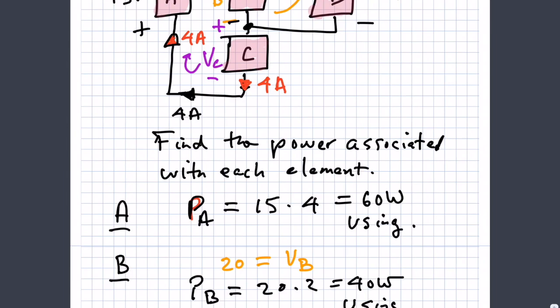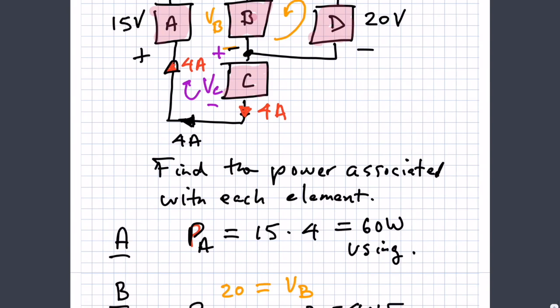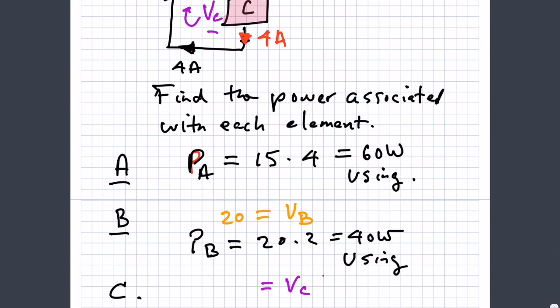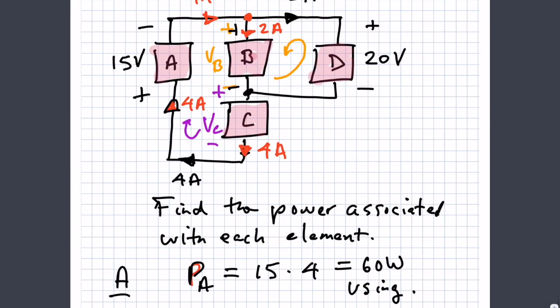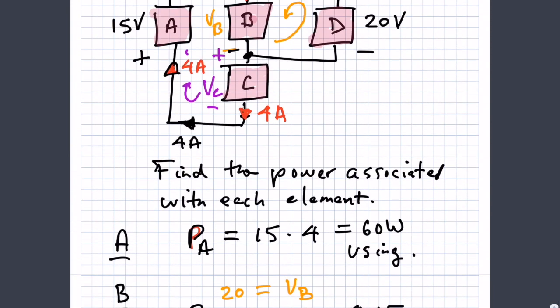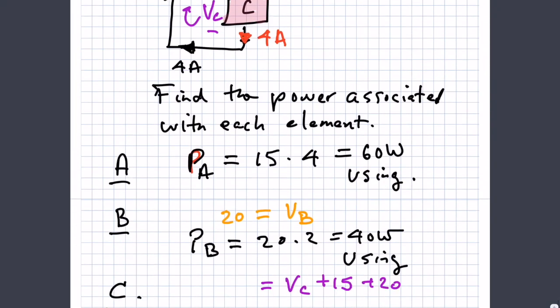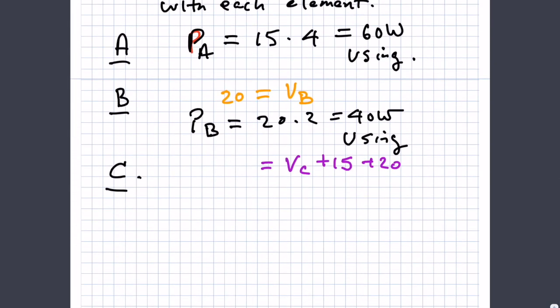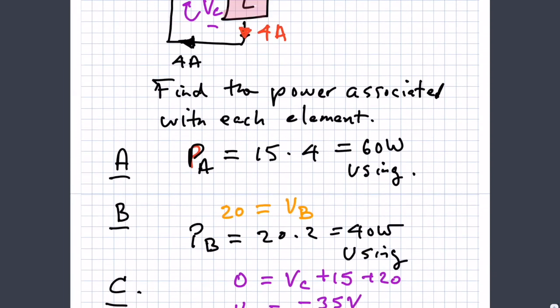The drops are on this side, the rise is on the other side. And then I have also a drop of 15. Then moving along this way, I have a drop of VB, so VB is 20. And now I'm done with the loop, so that's equal to 0. So I can get VC, and it would be minus 35 volts. That's not a problem that it's minus.